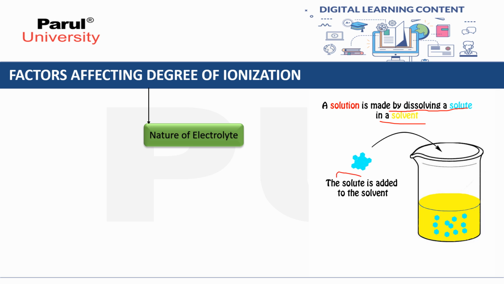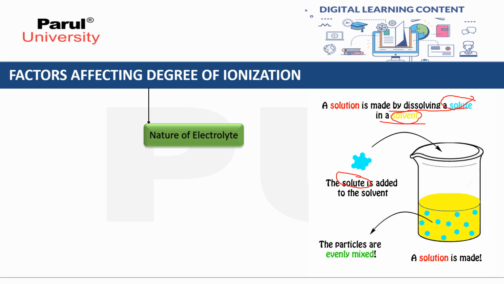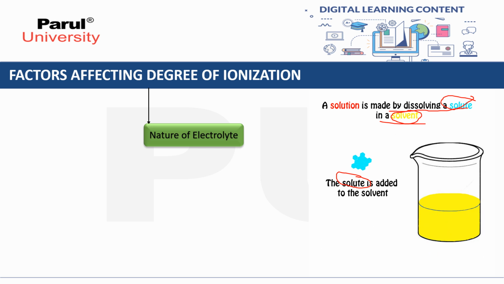So we cannot see the solute particles if they are completely dissolved, and we get the solution. Therefore, the first factor which affects the degree of ionization is the nature of the electrolyte, because it depends upon the solute and the solvent, and whether the solute is completely dissolved in the solvent. If it is completely dissolved, then there is good ionization in the solution.